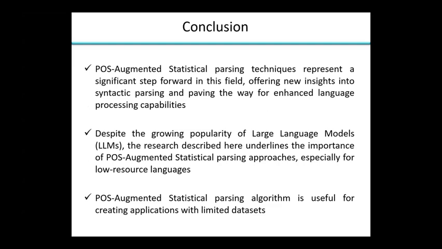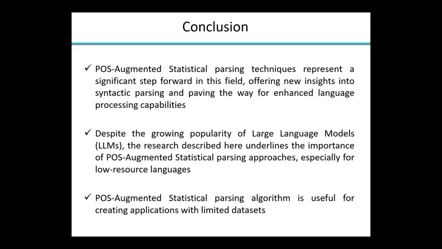So we believe the POS-Augmented Statistical Parser technique represents a significant step forward in the NLP field, offering new insight into syntactic parsing and paving the way to enhance language processing capability. Currently, there is an era of AI, and large language models have been created. We believe these models require large-scale data.